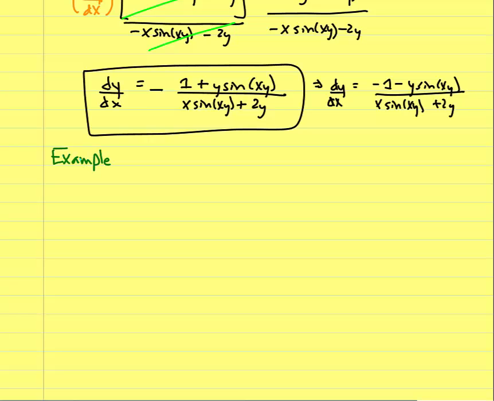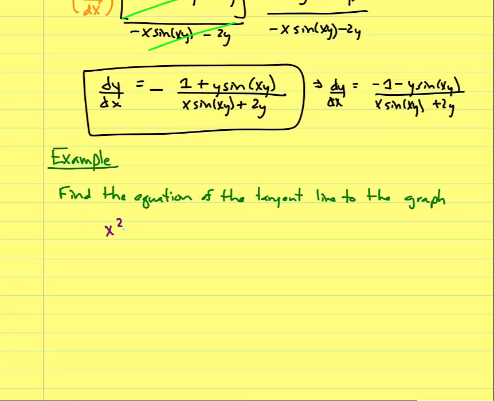For this one, let's find not just the slope of the tangent line, but the equation of the tangent line to the graph. Notice I'm not saying to the function, because this might not be a function, but to the graph.